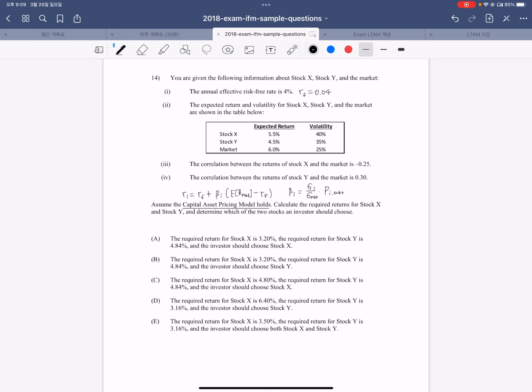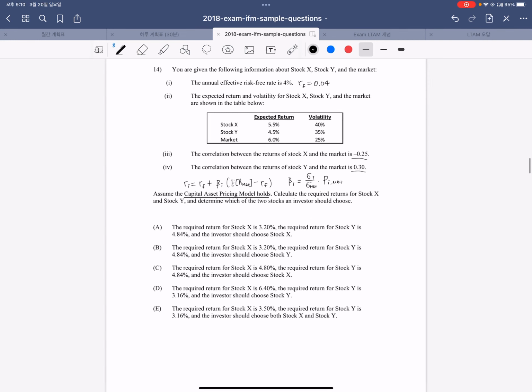And we're given the correlations right here, and we're also given the volatilities of the assets and the market, so we can calculate beta. So, using this formula, let's calculate the required return of X. Required return of X will be risk-free interest rate plus volatility of X over volatility of the market times correlations of X and the market.